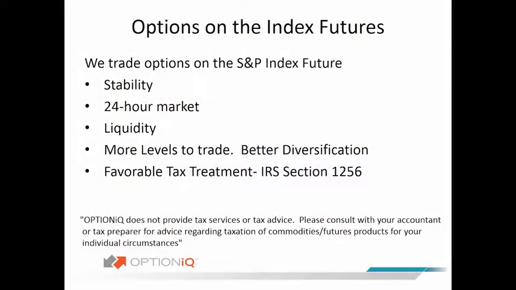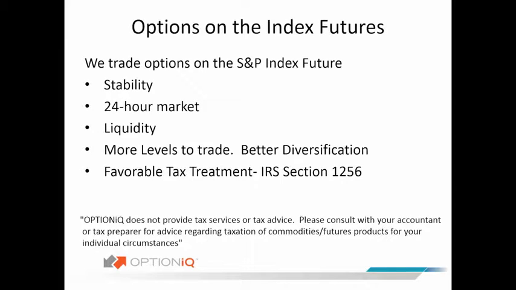Last but definitely not least, the way that we're trading right now also has favorable tax treatment. If you go to the Internal Revenue Code, section 1256, it actually explains what those favorable tax treatment pieces are. And I'll let you go and look that up. But essentially, when you're trading this style and you're trading the way we trade, you actually are able to get a break on your taxes.